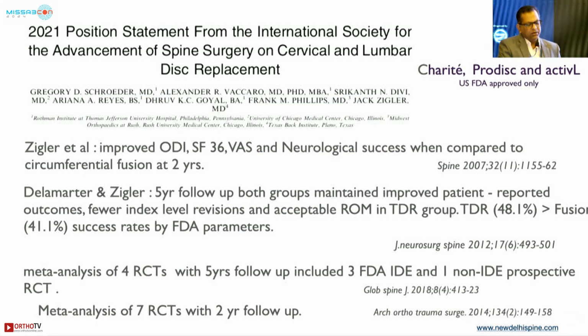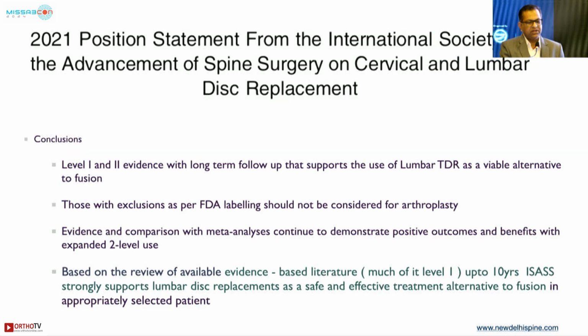And in 2021, the International Society for the Advancement of Spine Surgery came up with a white paper. They studied all the meta-analyses, the RCTs and everything, and they came up with a position statement. And the conclusions of that meeting were that there is enough level 1 and level 2 evidence with long-term data which supports lumbar ADR as an alternative to fusion.